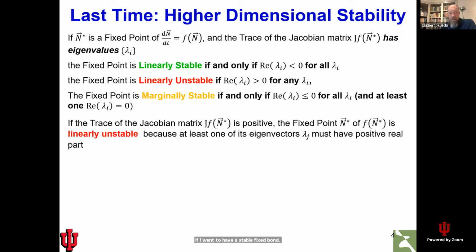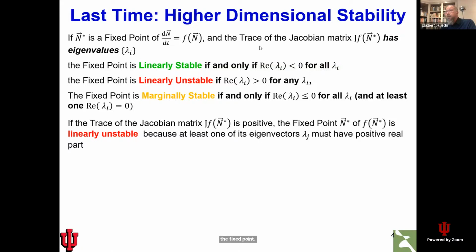Now, here's where the linear algebra comes in. If I have a fixed point n star, and dn by dt is some generalized vector function of n, then if I linearize around that fixed point and I take the Jacobian matrix, the derivative of the function in the n dimensions, then if the eigenvalues of that Jacobian are lambda i, the fixed point is linearly stable.